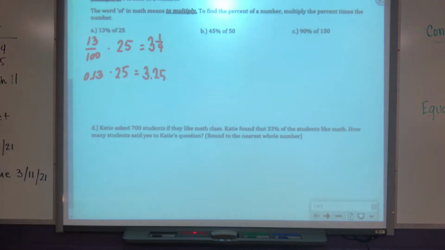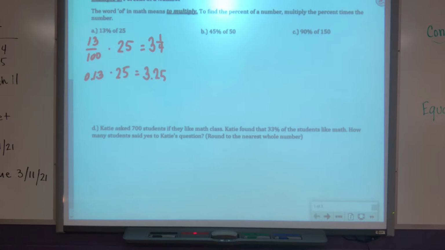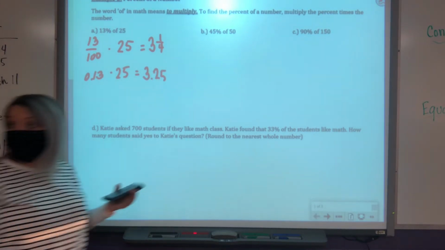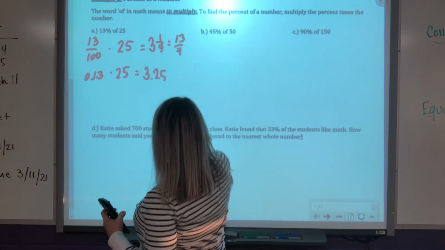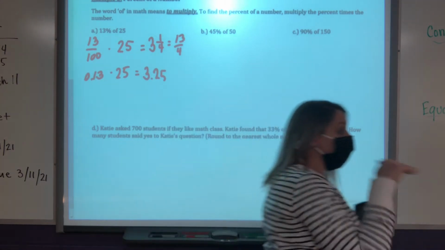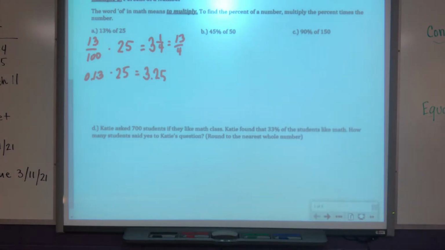I got that too. 3 1/4. I could have also got 13 over 4. Did anyone get 13 over 4 when they did it on Desmos? Yeah. Okay, is that all right? Absolutely, it's okay. Those are all equivalent values of 13% times 25.